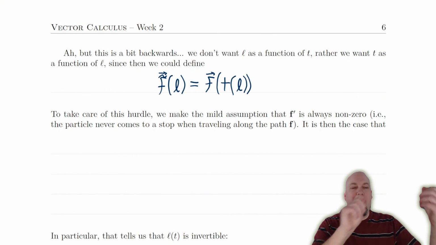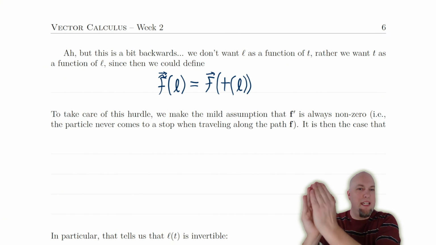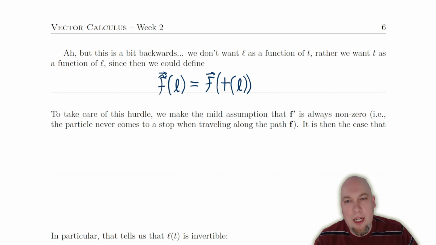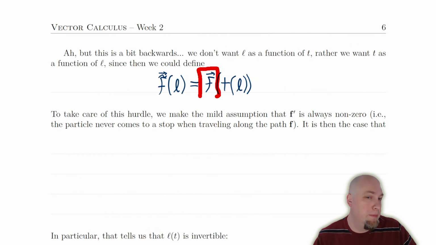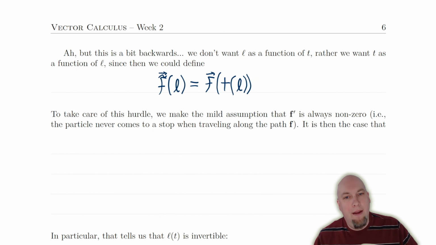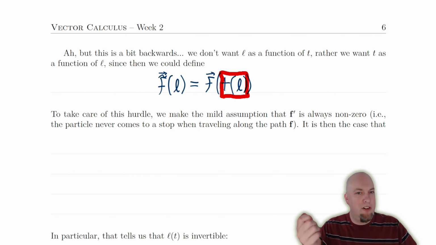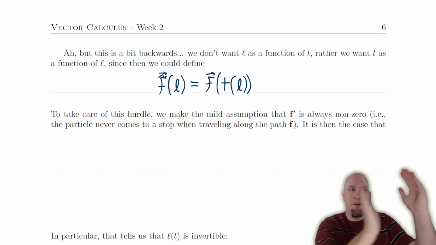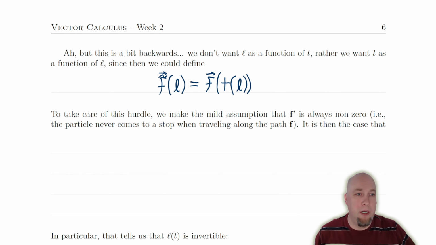I want, if I have an L value, to compute a T value from it, because if I had T as a function of L instead, then to come up with a formula for my F tilde, for the path that I want, I could just take my original parametrization, or my original path F, and everywhere that I see t in this formula, replace that t by my new formula for t in terms of L. Okay, and then that would trace out the exact same curve, but now the parameter would be L everywhere instead of the original parameter t.